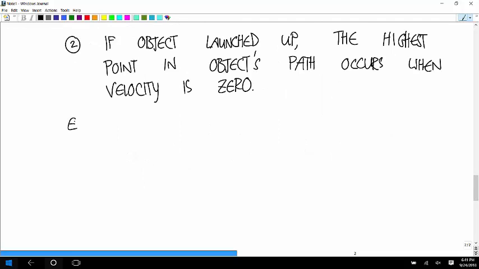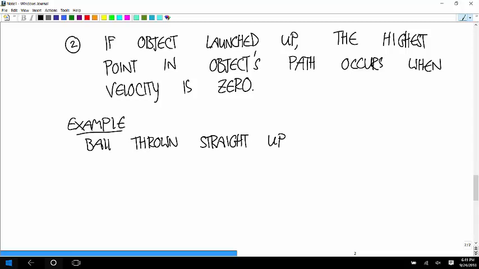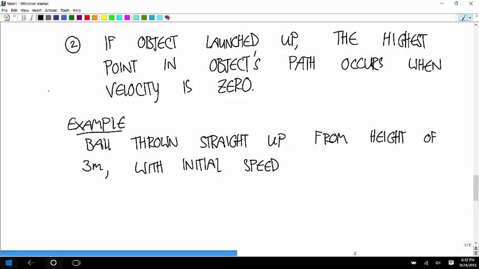Okay, so here's another example. Let's say that a ball's thrown up into the air from a height of 3 meters with an initial speed, so the instant it's launched or thrown, its speed is 10 meters per second.